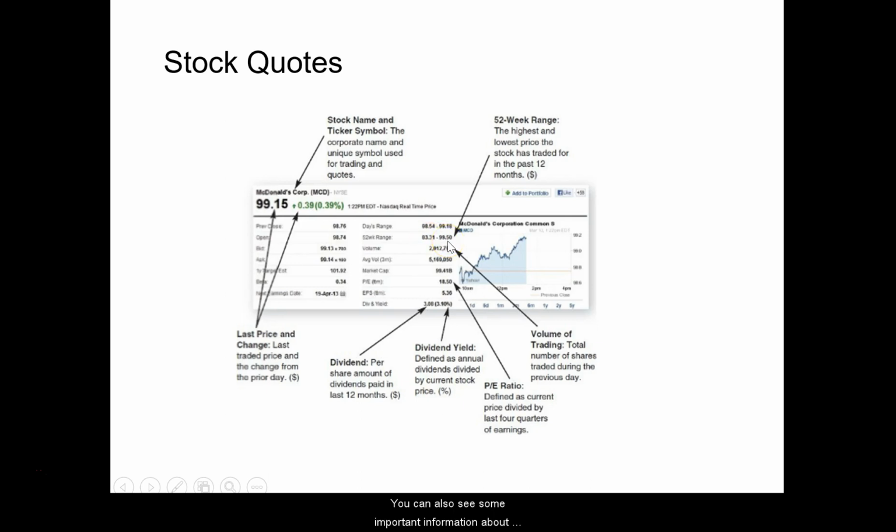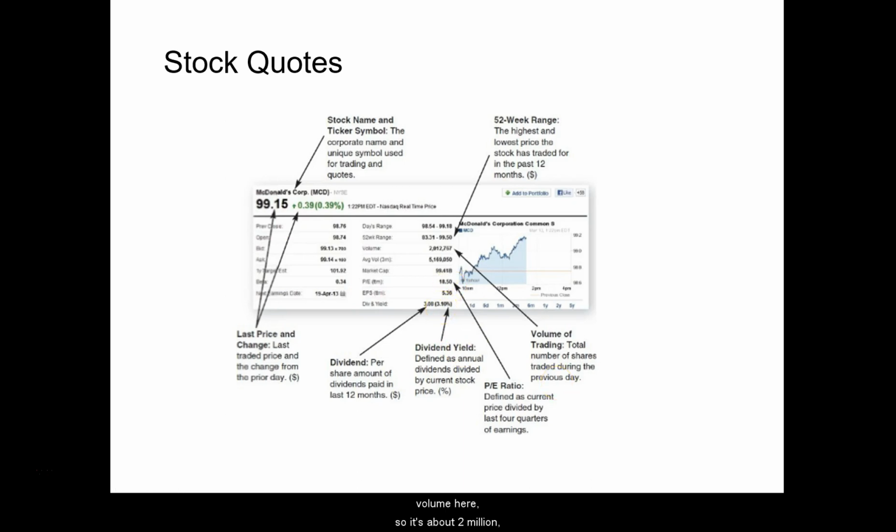You can also see some important information about the stock, such as the PE ratio, EPS, that's earnings per share, dividends. The company actually paid about $3.08 dividend per share in the past year, I'll say past 12 months. So the dividend yield, which is something we will explain a little bit more later, is about 3.1%.